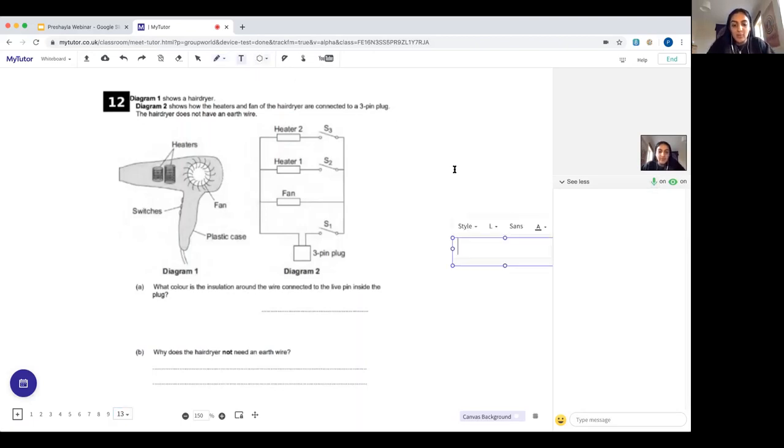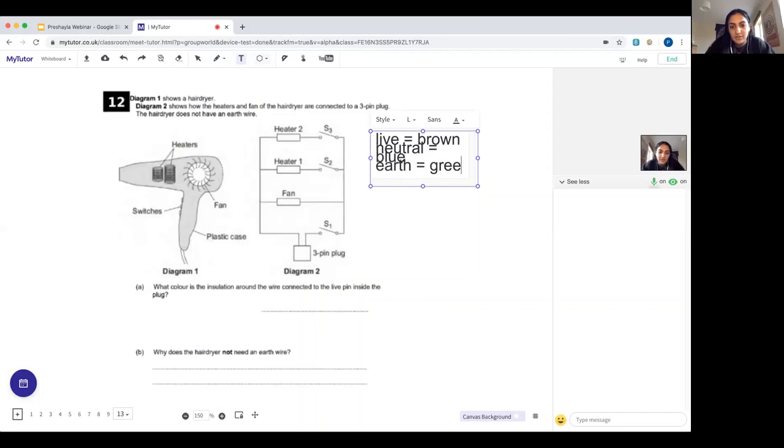And you might want to come up with your own kind of way to remember this, because it is just a simple recall exercise. So live is brown, neutral is blue, and Earth is green and yellow stripes.